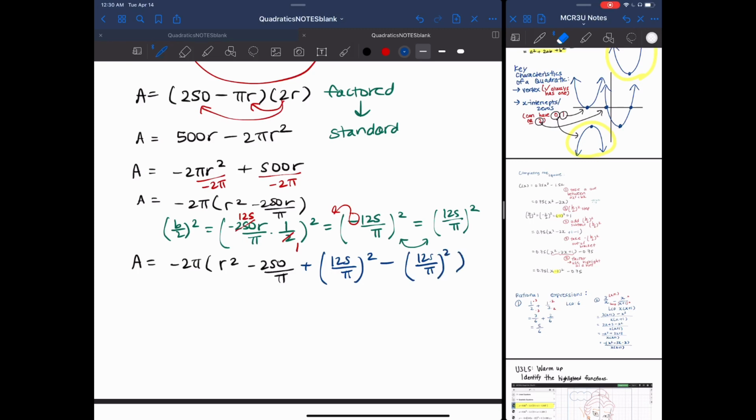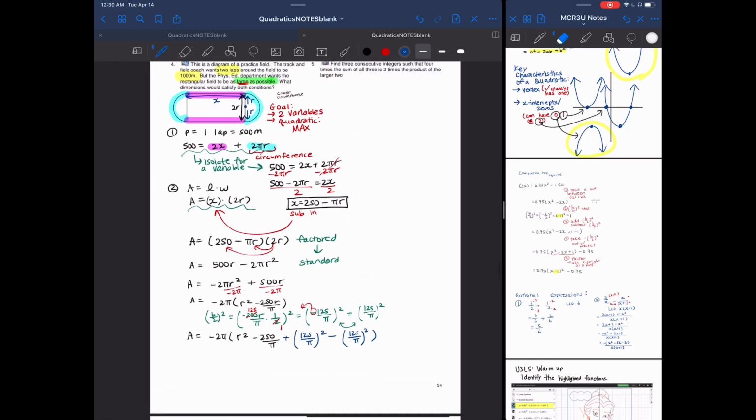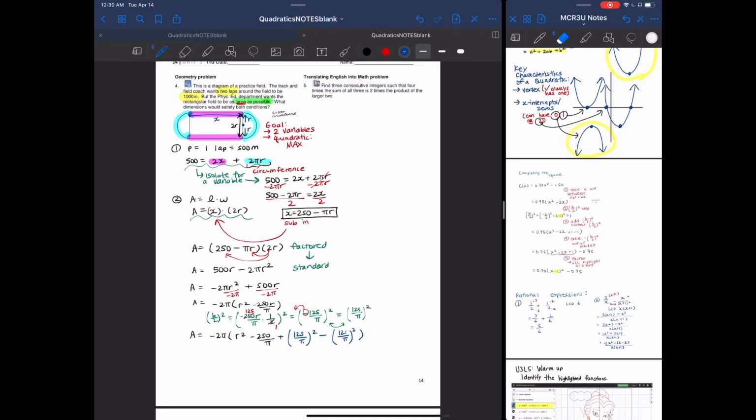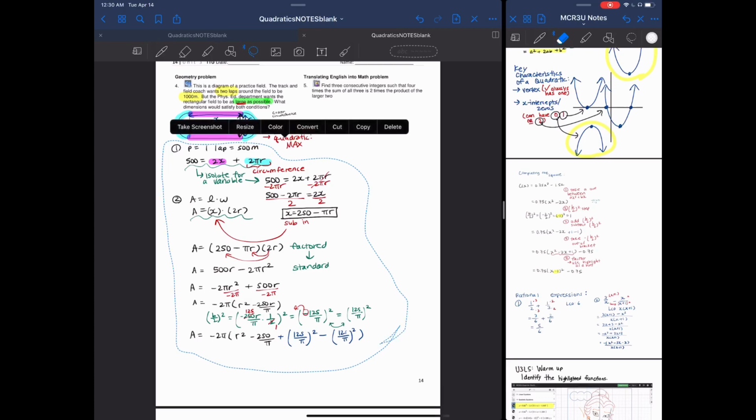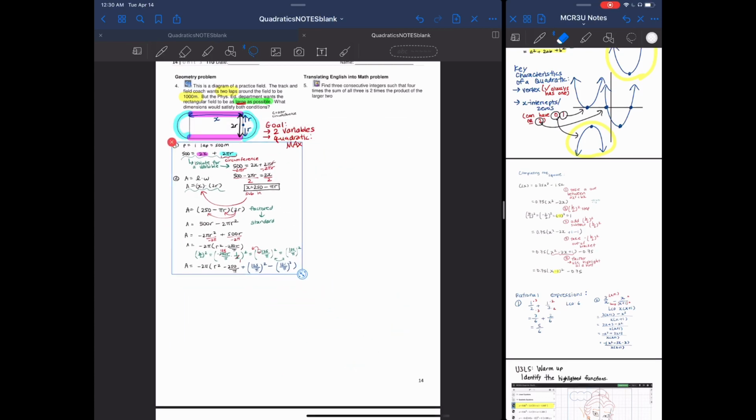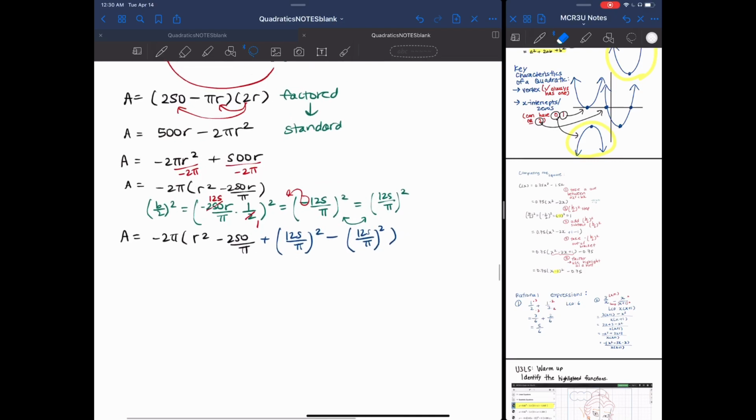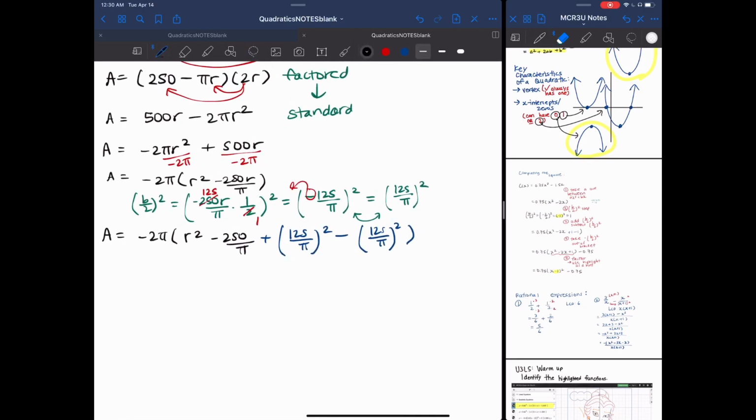And then another bracket. Okay, need more space. And so I need to take that negative version out of the brackets after I multiply it by the negative 2 pi. So I have a equals negative 2 pi bracket r squared minus 250 over pi.